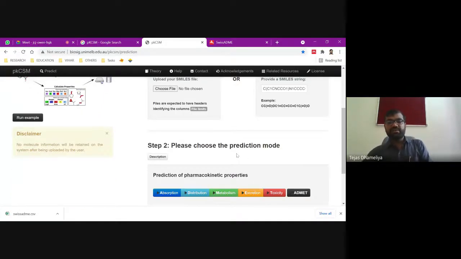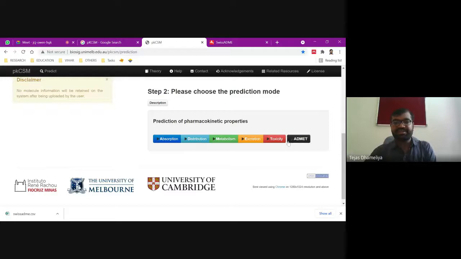Now you just have to calculate all these properties. If you click on the blue button, it will calculate absorption, and similarly distribution, metabolism, excretion, and toxicity for the light blue, light green, orange, or pink buttons respectively.